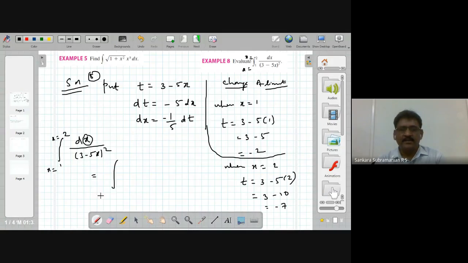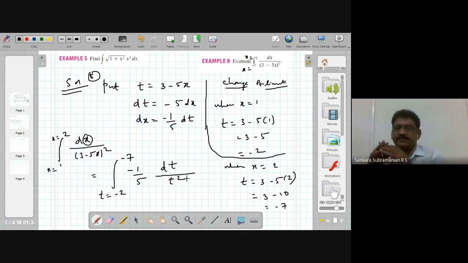Now this changes: when x is equal to 1, the limit is t equal to minus 2, and when x is equal to 2, the t limit is minus 7. And instead of dx, I should replace minus 1 by 5 times dt, and 3 minus 5x will be replaced with t square. So this is the conversion.